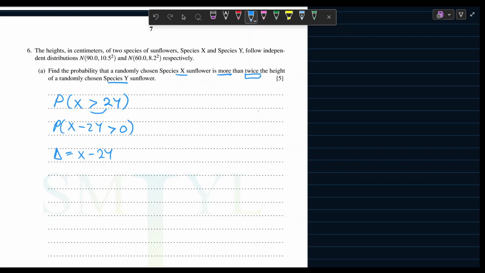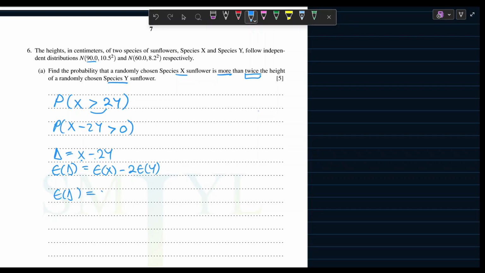So to be able to find this probability, we need to find the mean of D and its variance as well. So the mean of D is going to be the expectation of x minus 2 times the expectation of y. So the expectation of D is equal to, what's our expectation of x?